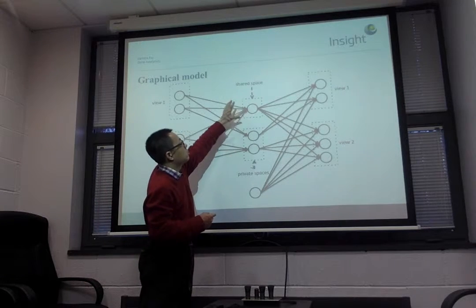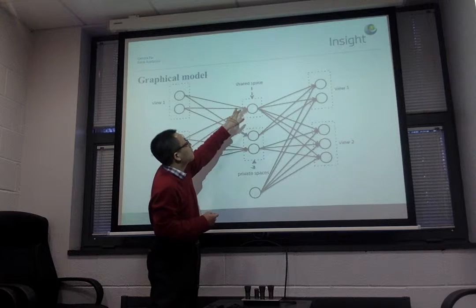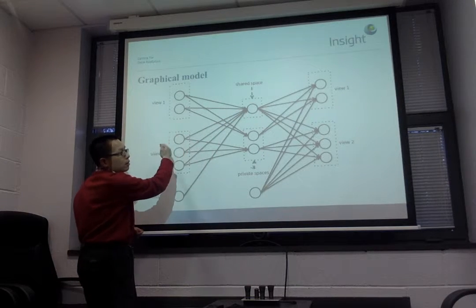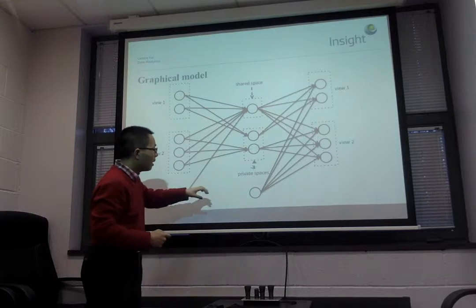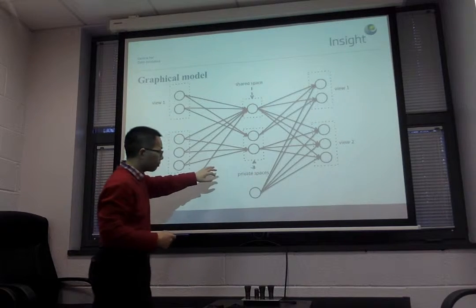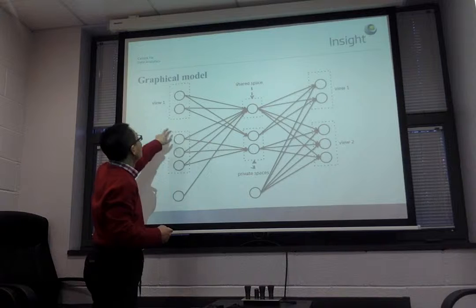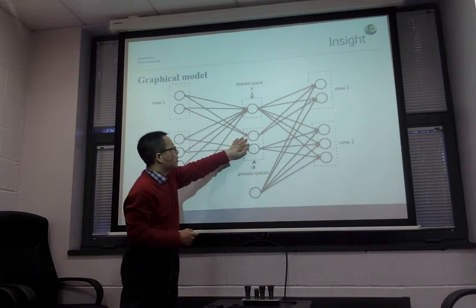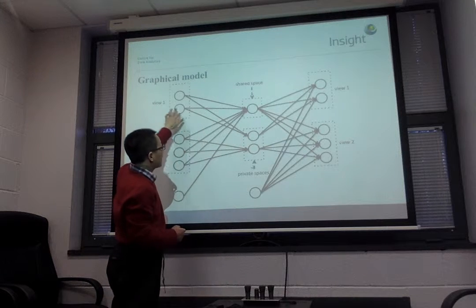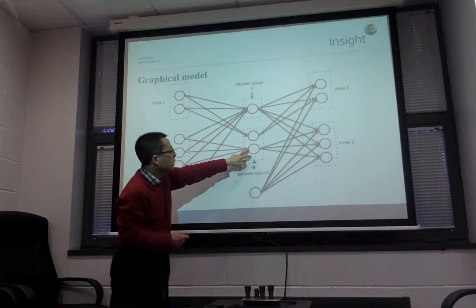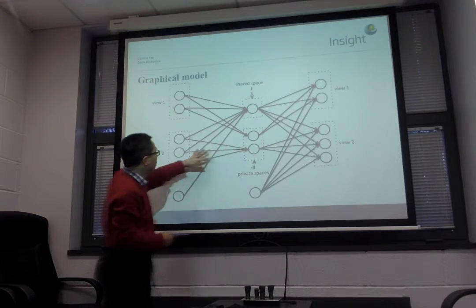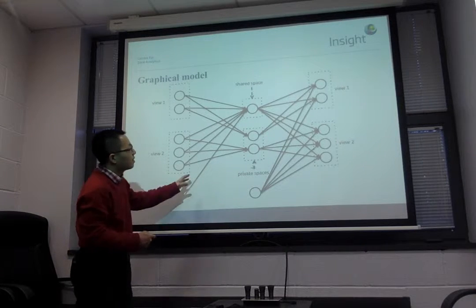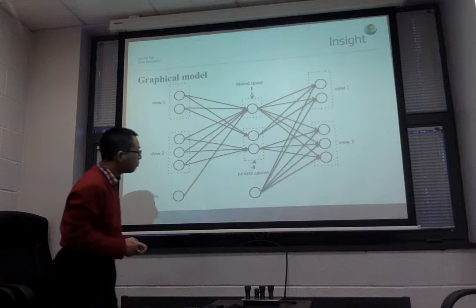So it may be 2, 3, or more. In shared spaces, all the neurons are fully connected with the input. But in private spaces, they only connect to their own part. If it belongs to the first view, then we connect only to the first view. If it belongs to the second view, we connect only to the second view. So it is not fully connected.